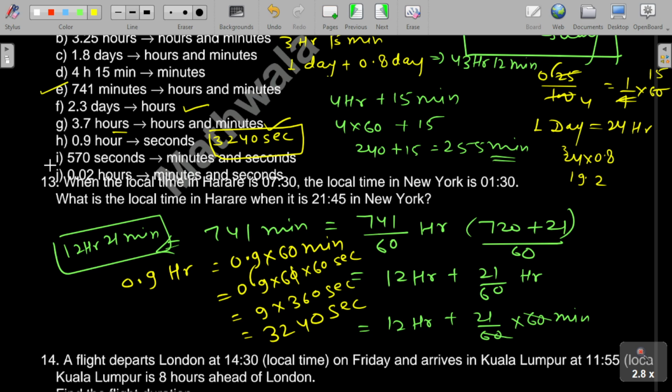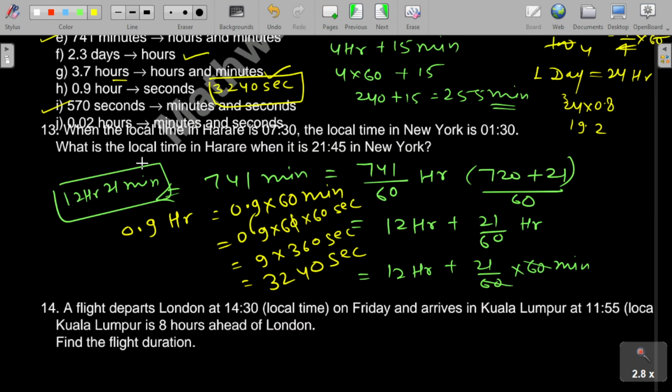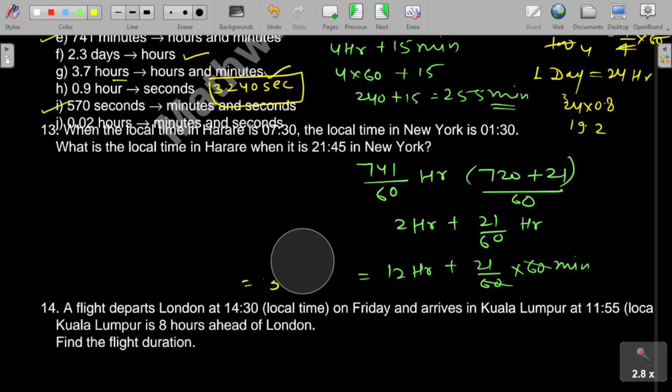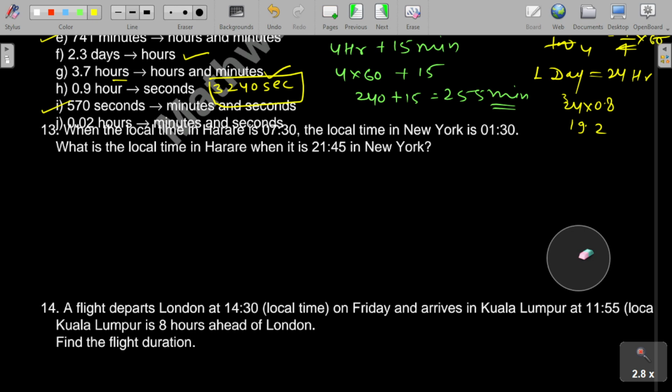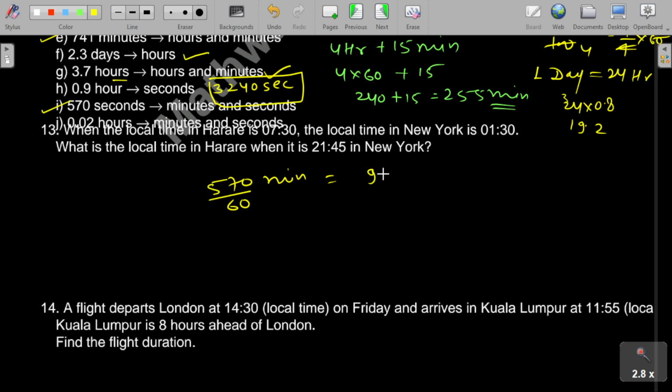Now change 570 seconds in minutes and seconds. You can divide 570 upon 60. So this second will convert in minutes and this is 9 minutes plus 1 by 2 minutes.